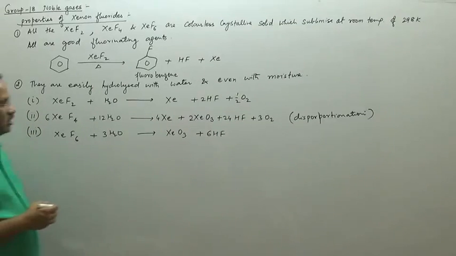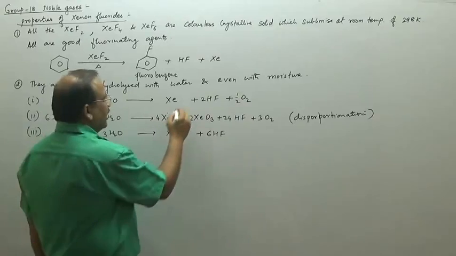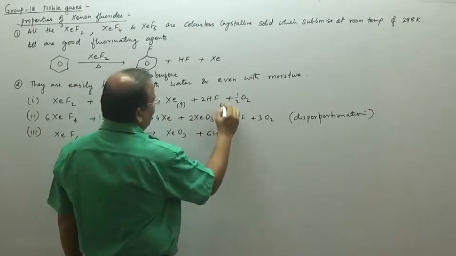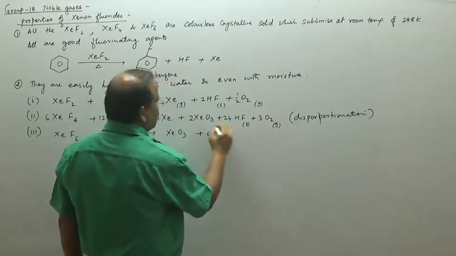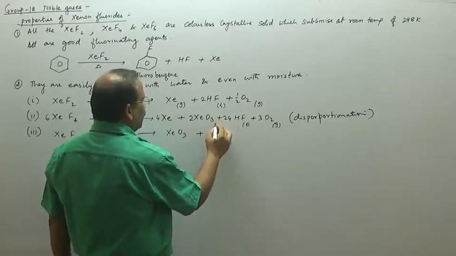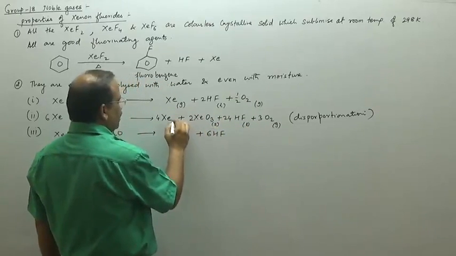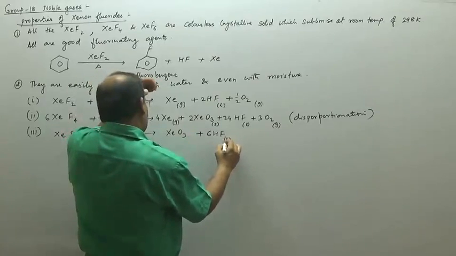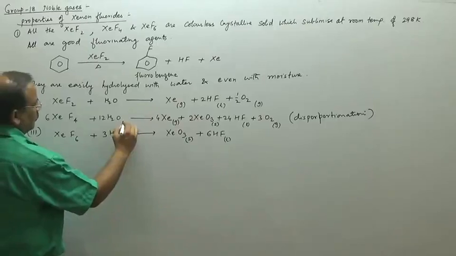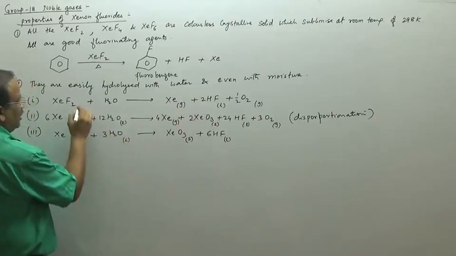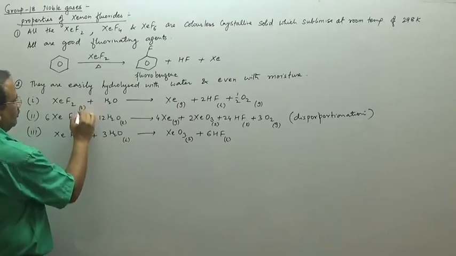So in all these cases we know that this is a gas, this is a liquid, this is also a gas, HF will be a liquid due to hydrogen bonding, this is a solid, this is also xenon gas, here it is liquid, this is a solid that we get in this reaction. H2O is liquid, which we have used, and these we have used as solids.